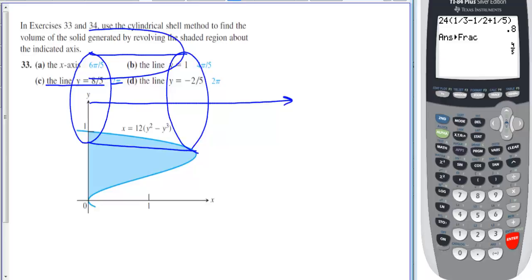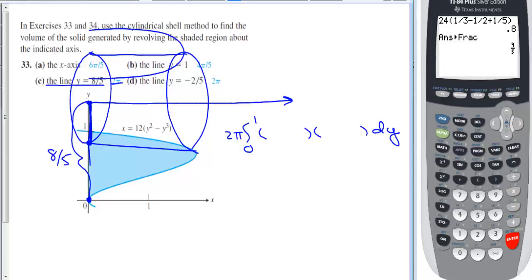Now we're still integrating from 0 to 1. We have 2 pi. We need the radius, and we need the height. Now the radius is going from the arbitrary y up to 8/5 right there. So there's the 8/5.